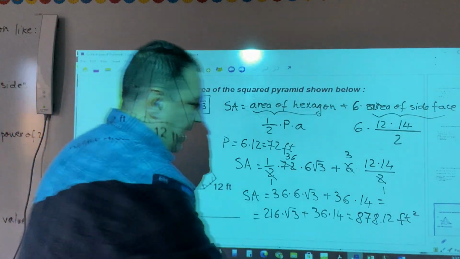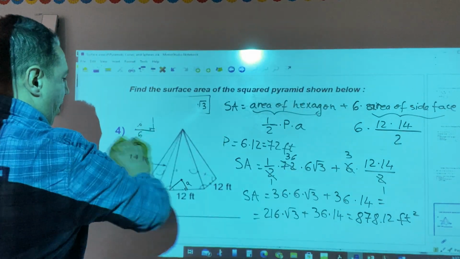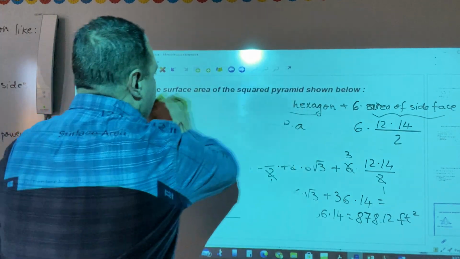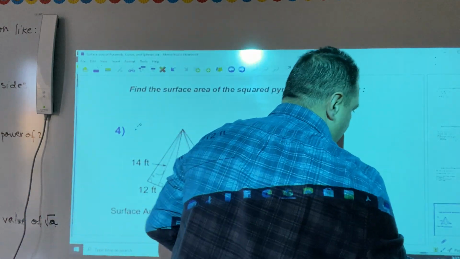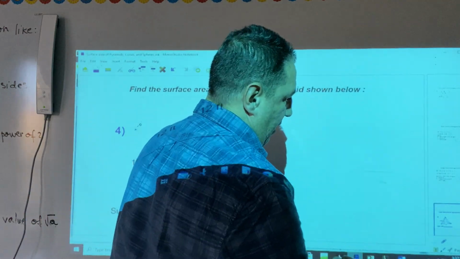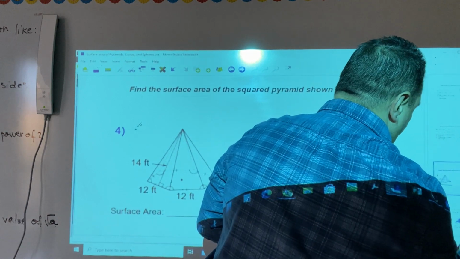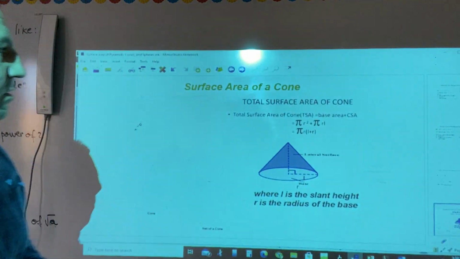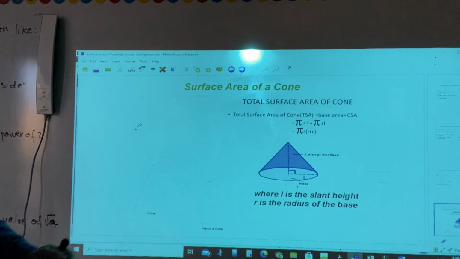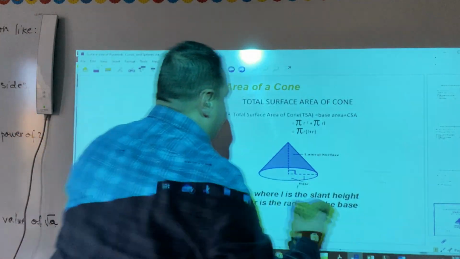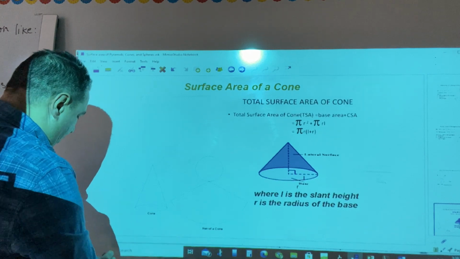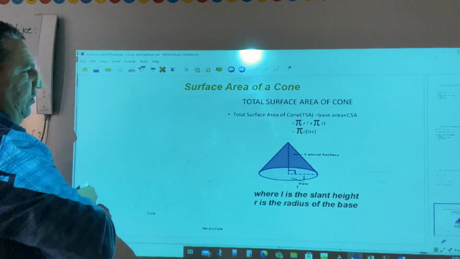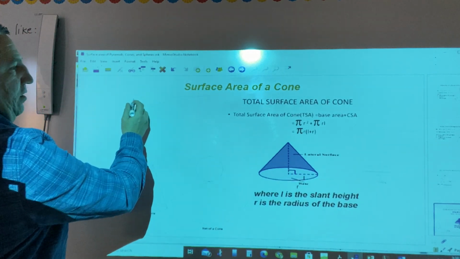Good? Now, let's move on to another shape. This time we talk about the cone, right? So the surface area of a cone will be given by this formula. I will write it larger.